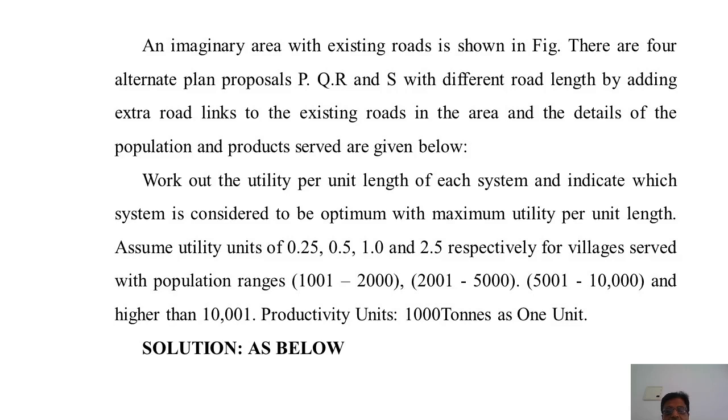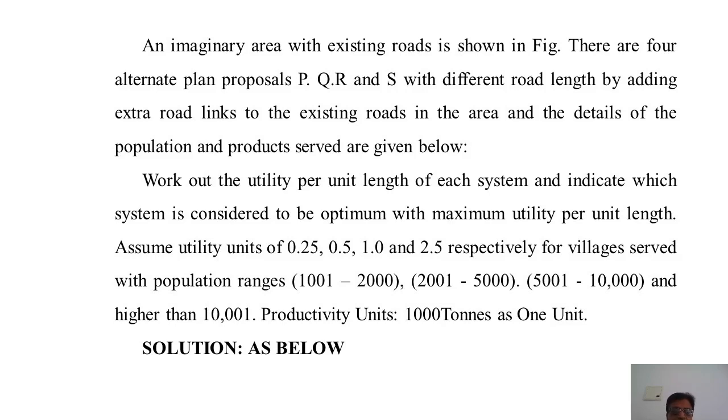Assume utility units of 0.25, 0.5, 1, 2.5 respectively for the villages served with population ranges 1000 to 2000, 2000 to 5000, 5000 to 10,000 and higher than 10,000. Productivity unit: 1000 tons as 1 unit.